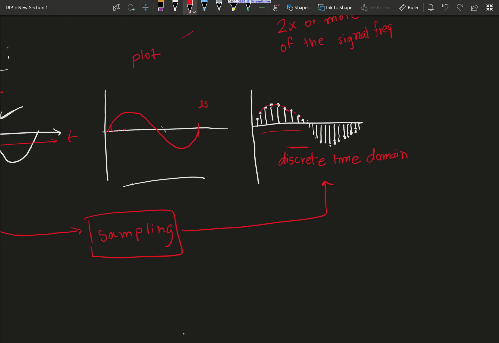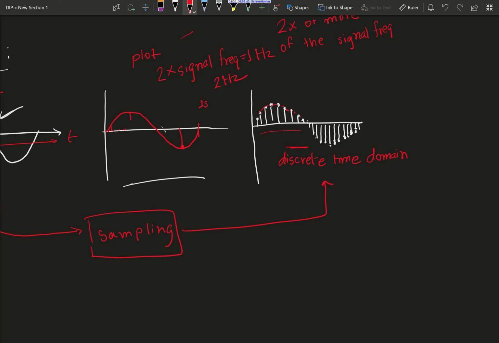The signal frequency is 1 hertz. So according to Nyquist, what do we have to do? Nyquist says we need 2 times the signal frequency, which will be 2 hertz sampling frequency, to reconstruct this plot.